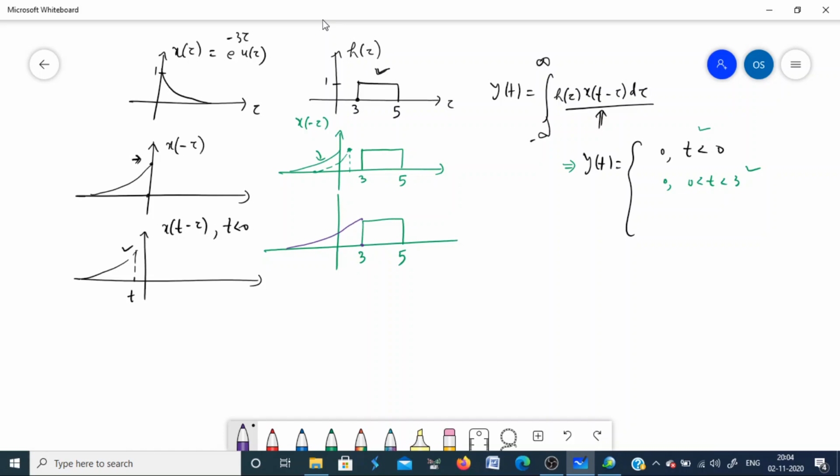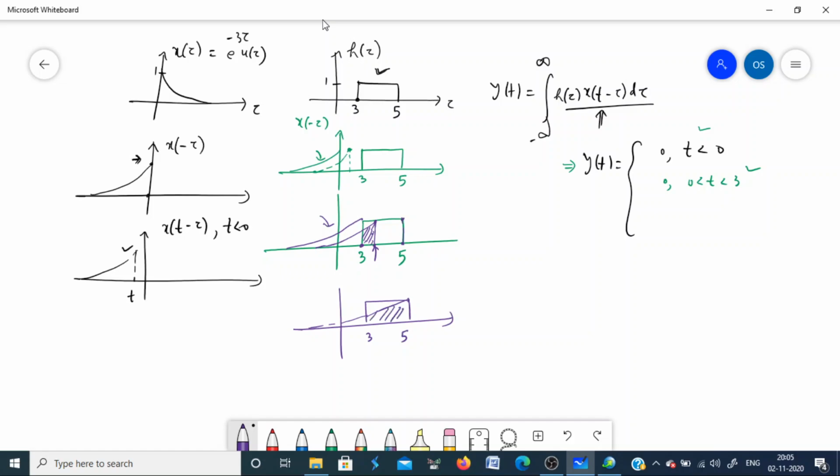And for t greater than 3, this will be shifted to the right by some time t, and now this much portion of the two signals will come in the product. It means from 3 up to this time you have to integrate. Okay, and this situation will remain constant till this point reaches t equal to 5. 3 to 5 it is fixed, so this equation will remain constant till you reach here.